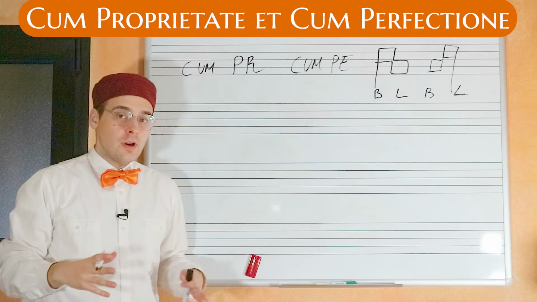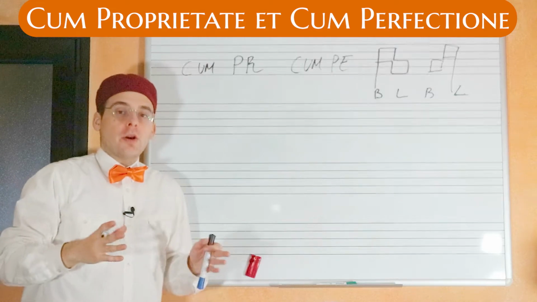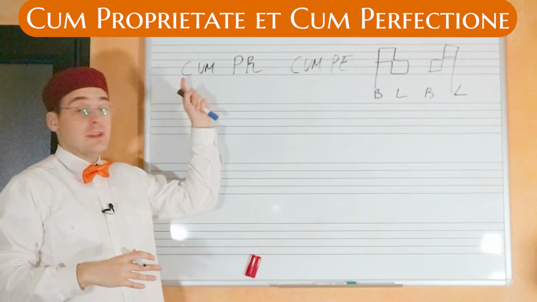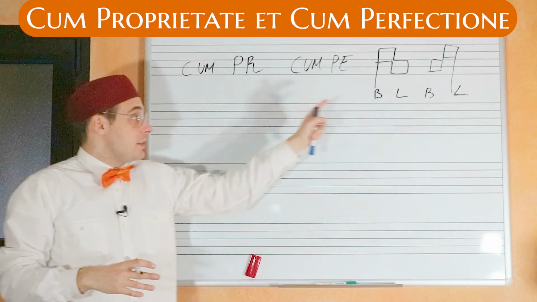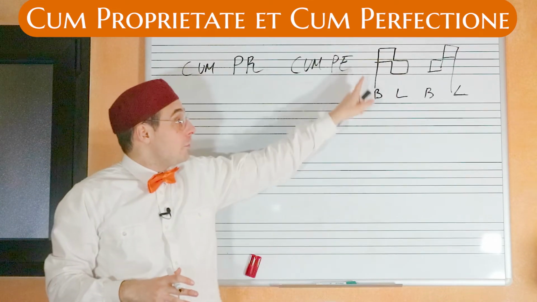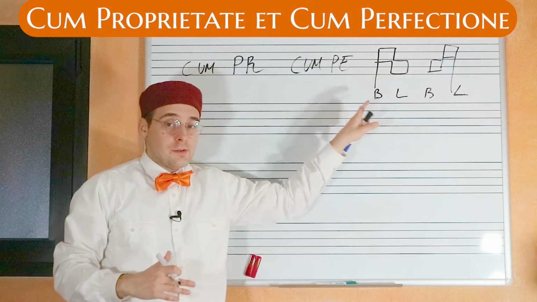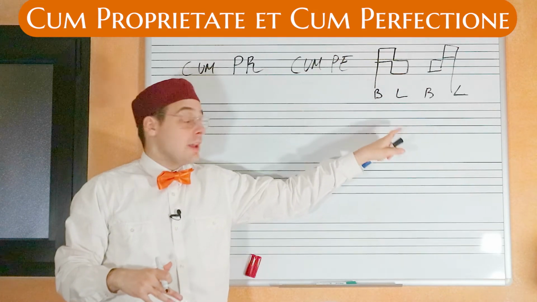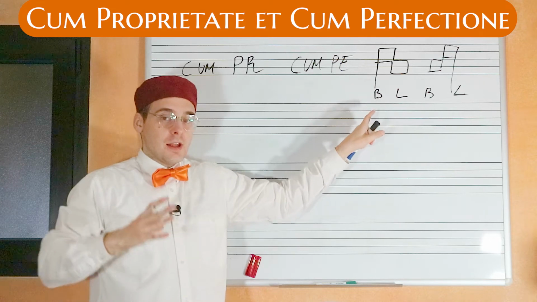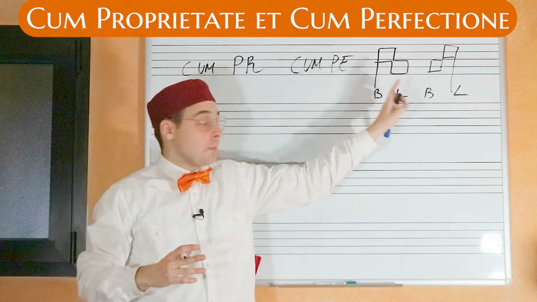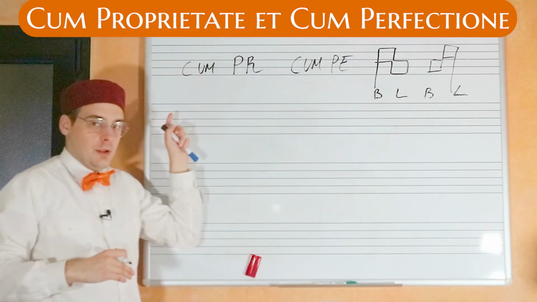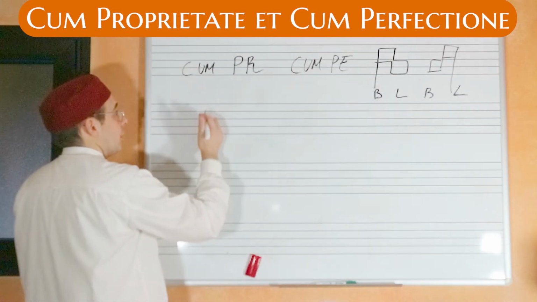As I said before, the propietas, or proprietate with cum proprietate, is the brevis property of the first note. So when the first note of a two-note ligature is brevis, I have the propietas. So cum propietate. Cum in Latin means with.